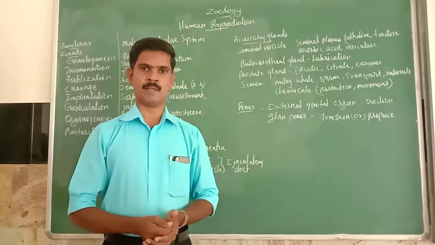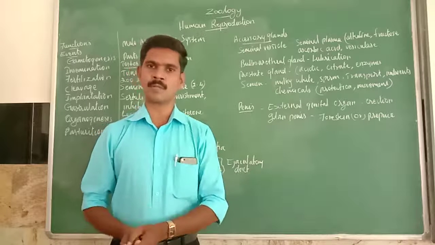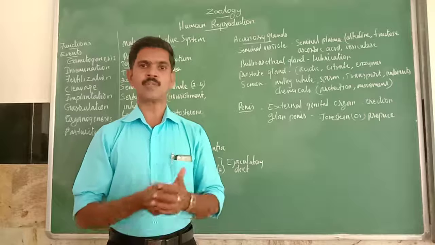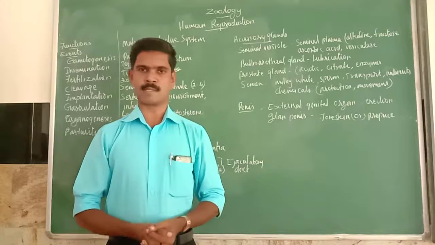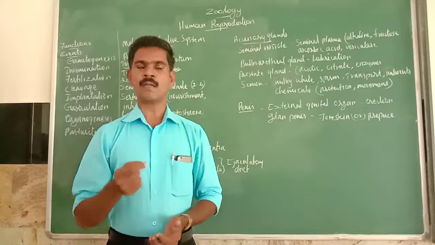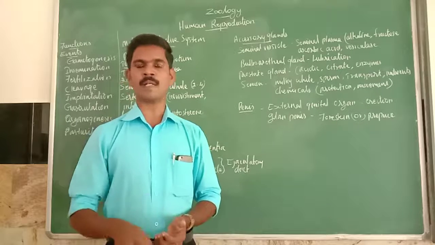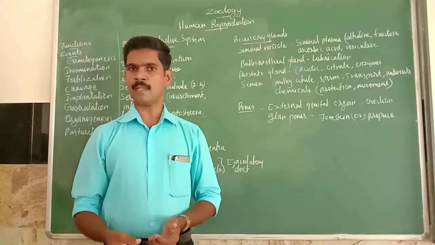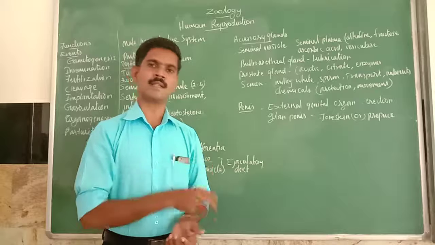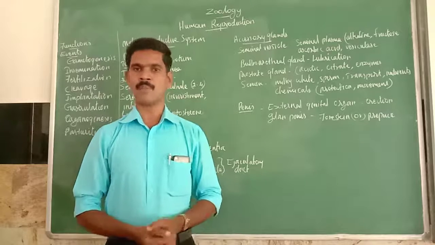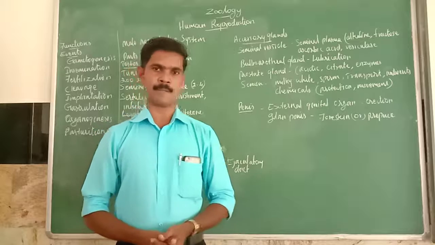For example, the sperm is produced in the male reproductive system, but it should reach the female reproductive system for the fertilization process. So the male gamete is transported through some places and finally reaches the female reproductive system. Transportation is the second major function.